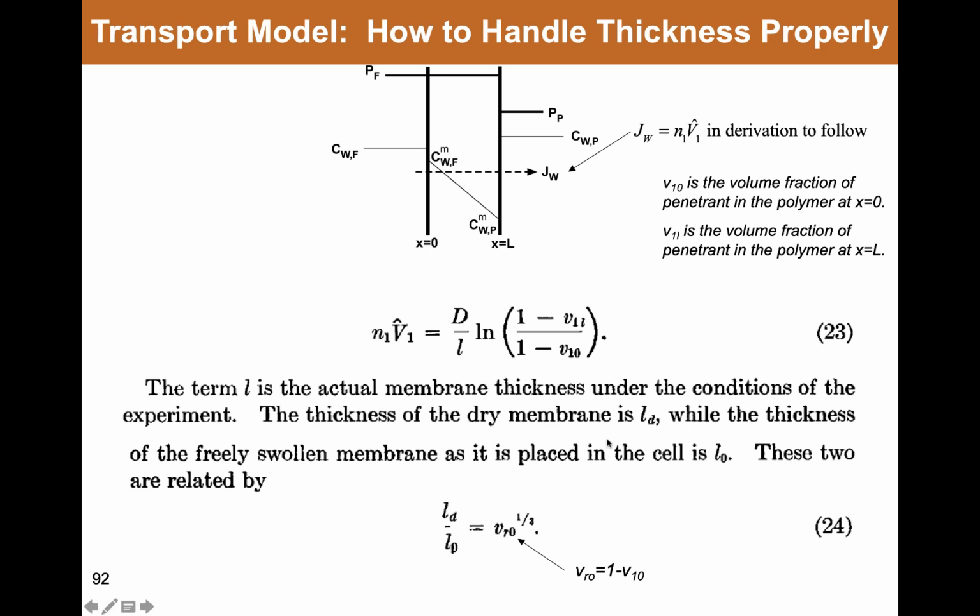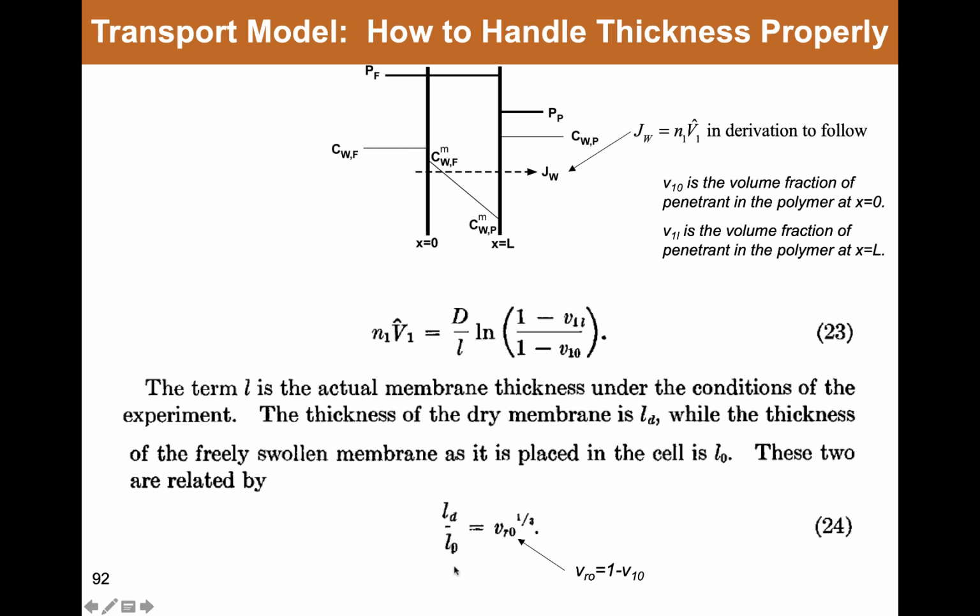That relationship is given by the result shown here, where VR0 is the volume of rubber in the sample when it's swollen to equilibrium in solvent at ambient conditions, and you can write that in terms of the penetrant volume fraction as shown here.